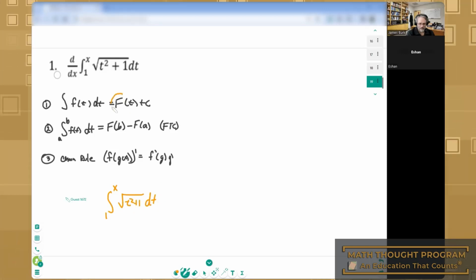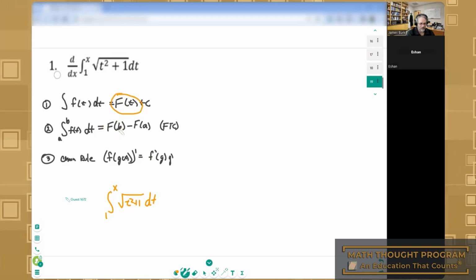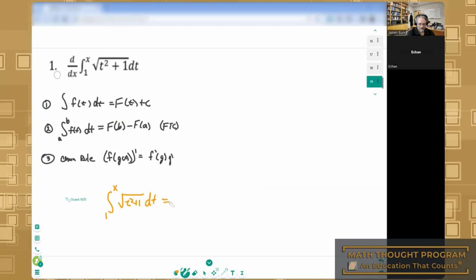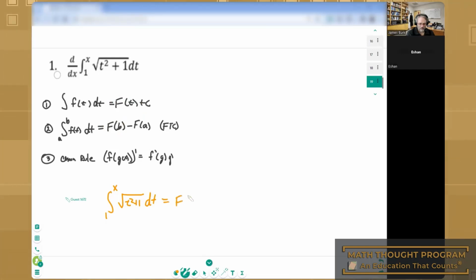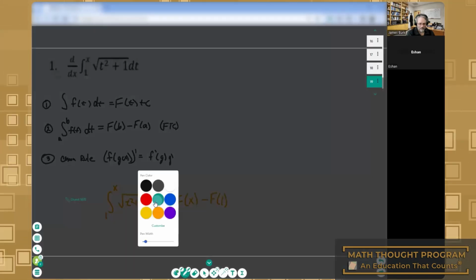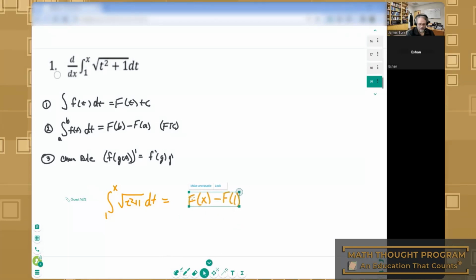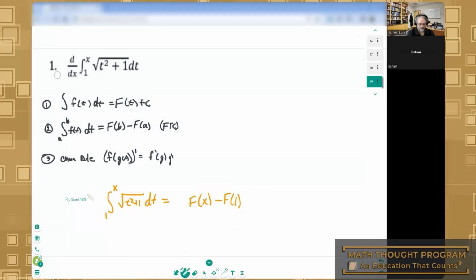I'm going to get some kind of antiderivative out of it, to which then I'm going to plug in the endpoints from a to b. Now, in this case, the top endpoint, the upper bound, is x, and the lower bound, well, that's going to be the value 1. Now, the next thing is I just want to come through here and take that derivative.